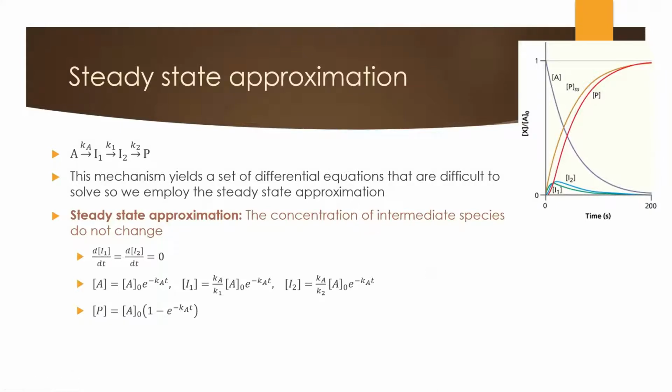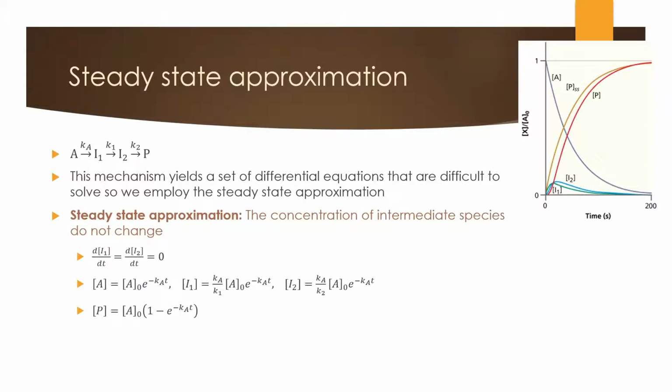So if we use the steady state approximation, we say that the concentrations of the intermediates are not changing as a function of time. And this allows us to basically say that I1 is a bunch of rate constants, right, times A naught, and then I2 is the same. And at the end of the day, our product is only based on the initial concentration of A and the rate of converting A into essentially P. We're ignoring the intermediates.